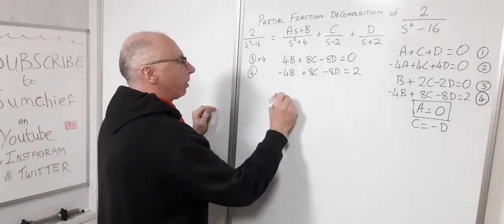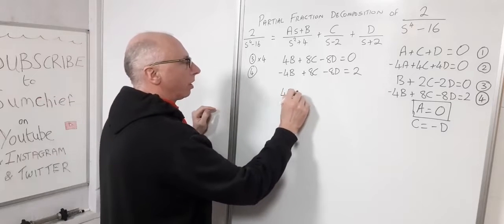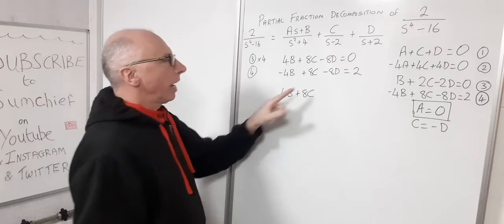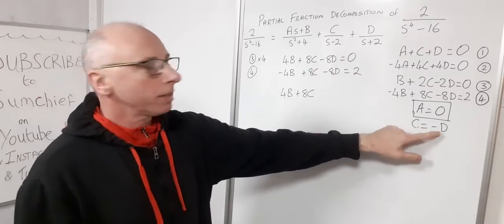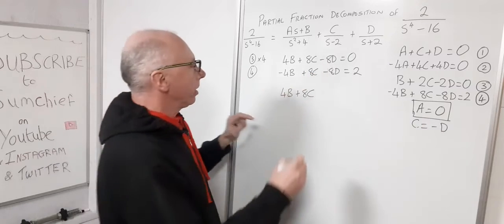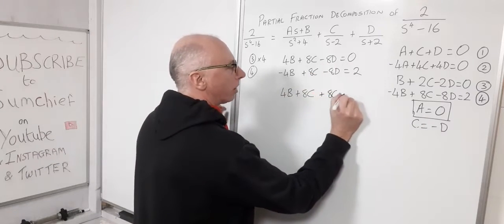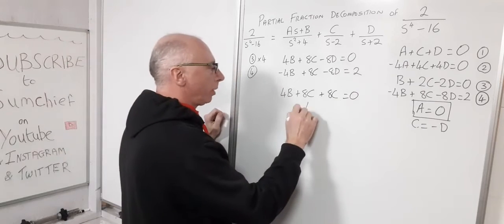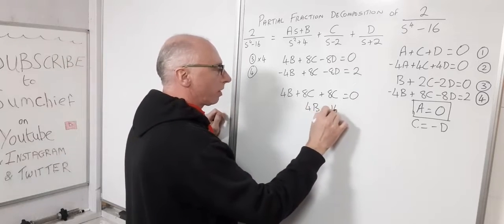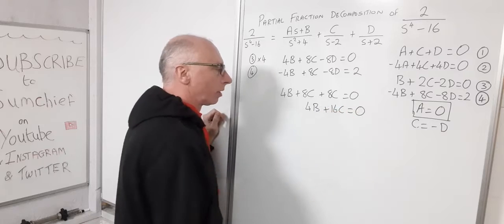So now this one would be 4b plus 8c, and then minus 8d. Well, c is minus d, so this is going to be 8c, and that equals 0, which now simplifies to 4b plus 16c equals 0.